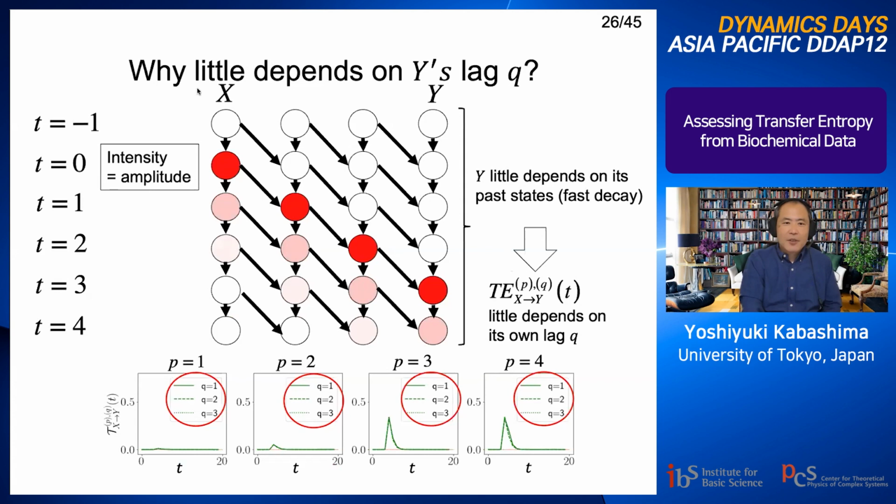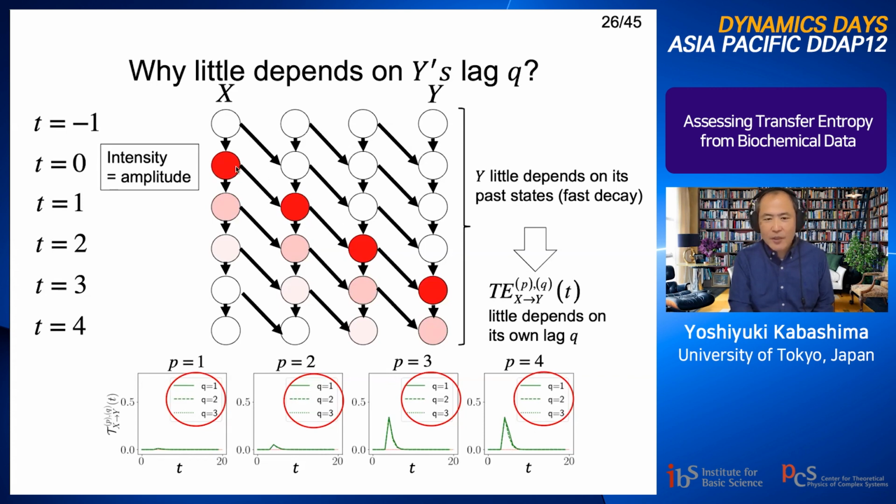Okay, first, Y little depends on Y's lag Q. This is because, okay, this direction represents the time step, and this direction represents the position of the components. You can see that Y little depends on its past states.